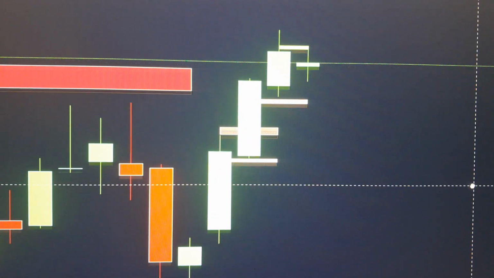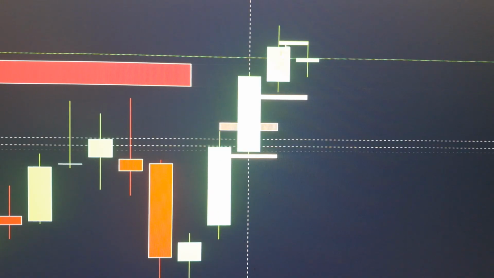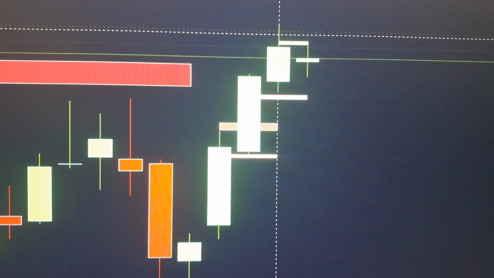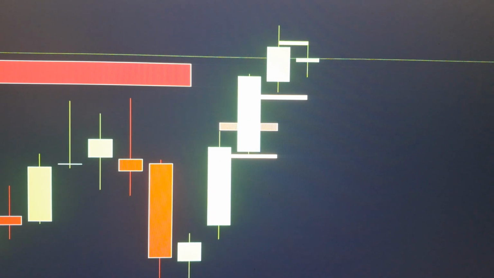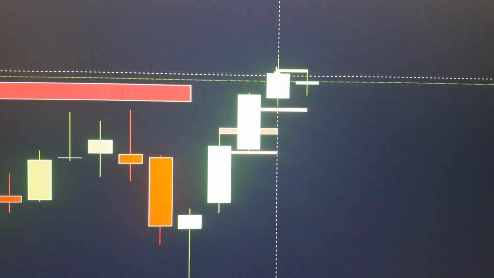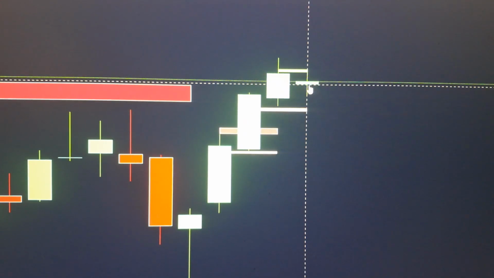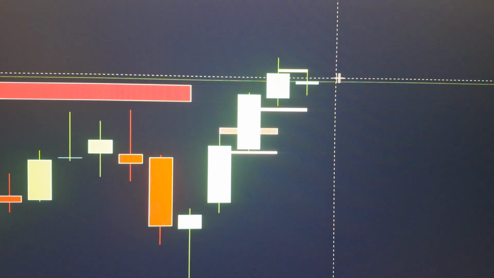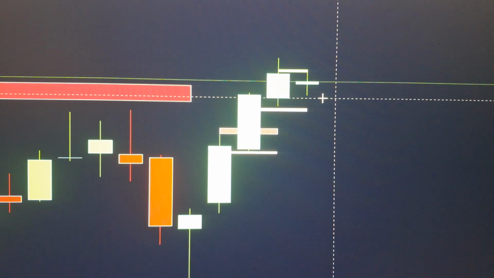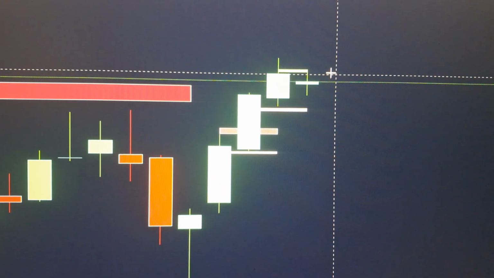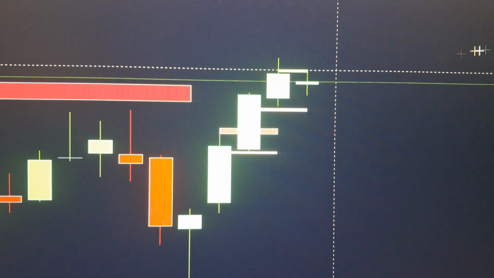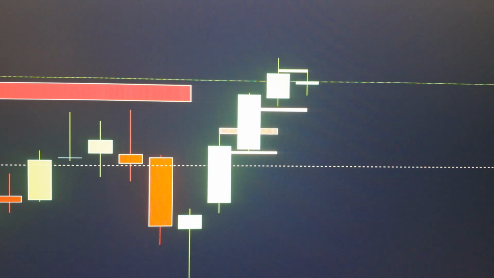You almost have the three white soldiers. It's a little under, but usually they're about the same size. But that's give or take with these wicks. This candle, it's inside. Is this month just going to bounce between 549 and 565? That's a strong possibility.